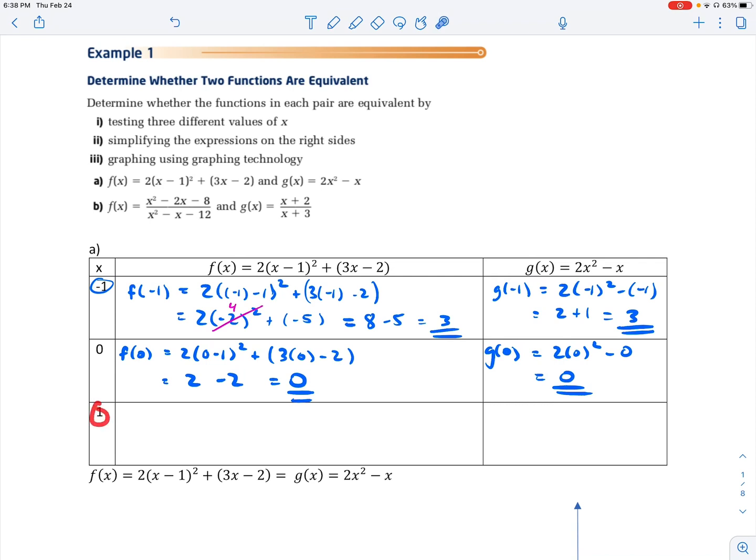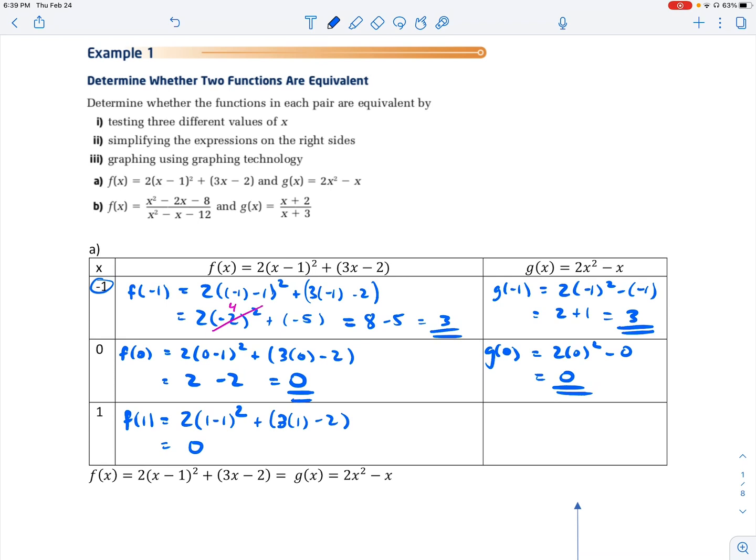And lastly, we'll plug in 1. So f of 1 is going to be 2 times (1 minus 1) squared. That's easy. That's just 0. And then we have 3 times 1 minus 2. So this is 0 right here, which makes the whole thing 0.